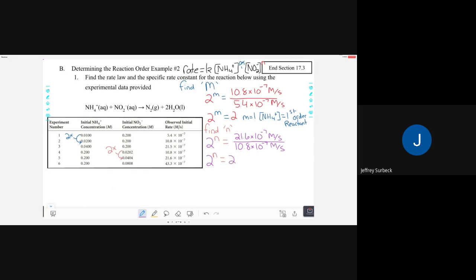So again, 2 to what power equals 2? 1. So n equals 1.